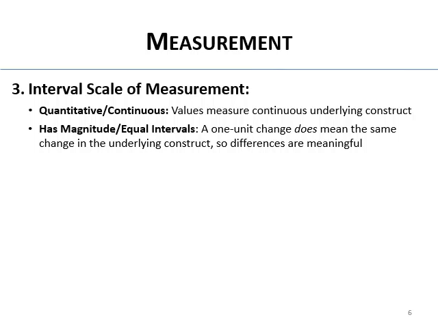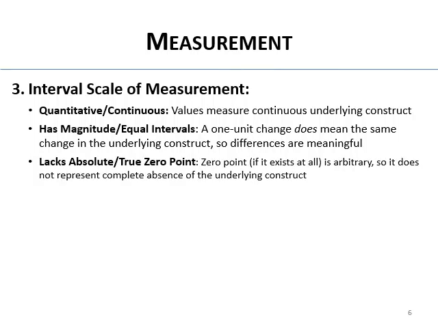So a 1 unit change anywhere is the same amount of the underlying construct. So the differences are meaningful, is what that means. What they lack is a true 0 point. That is, 0, if it even exists at all, is arbitrary, right? It's set at some level that doesn't necessarily mean 0 of the underlying construct.